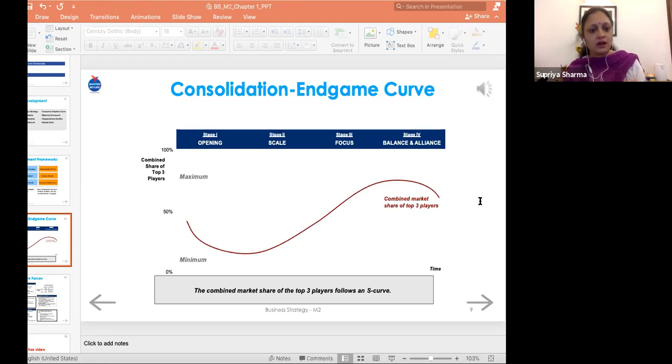So if the company is in stage one, generally a startup or a small company, what will it focus more on? It will focus more on revenue than profit, because they have not really started seeing the profit at this point of time. They've just started. So right now the focus will be more on building up the revenue somehow.